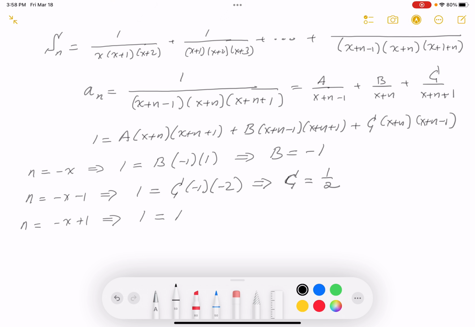You'd get A, and then you'd get 2. The other terms would disappear. So A is 1/2. All right, I got to get my eraser out and put this information down now. So the A is 1/2. The C is 1/2. And the B turned out to be minus 1, right?